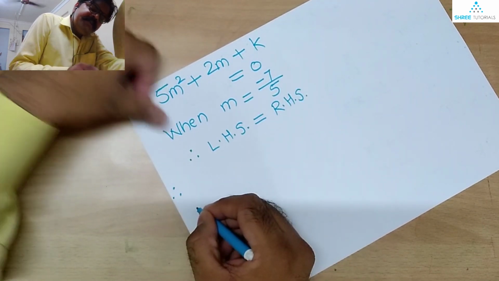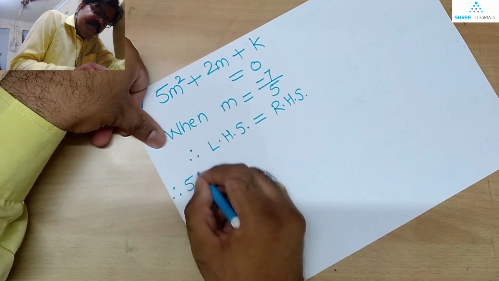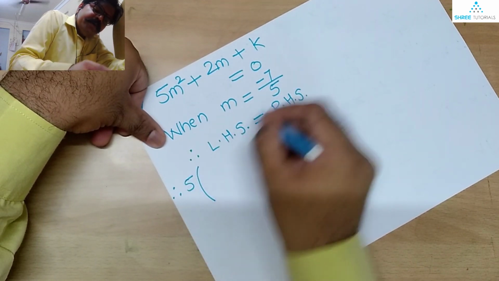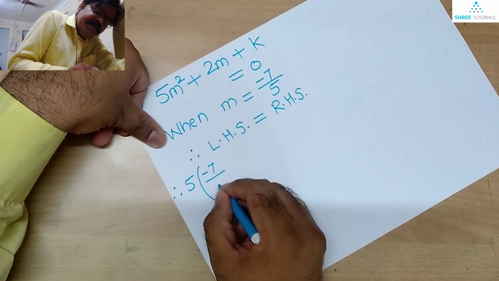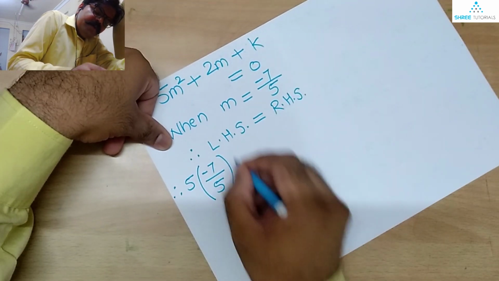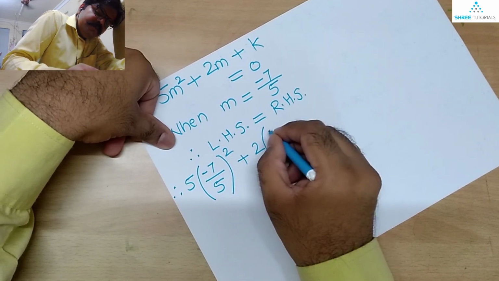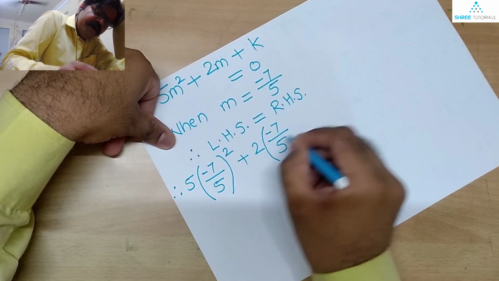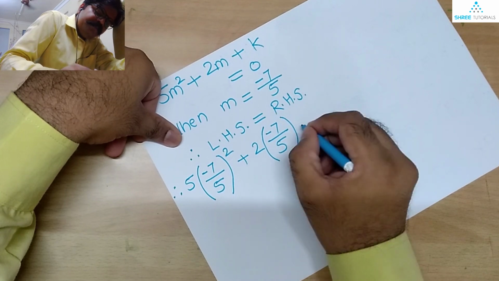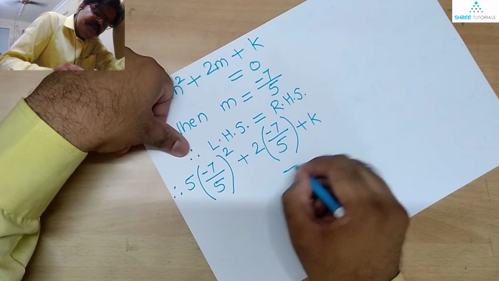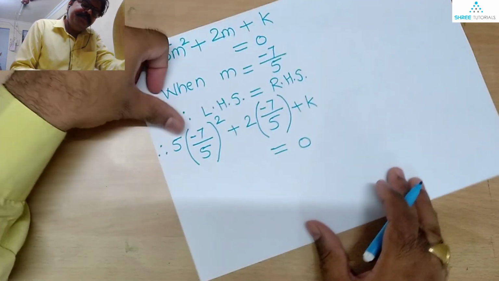What exactly the LHS becomes is 5m square, that means 5 times minus 7 divided by 5 whole square, plus 2 times minus 7 upon 5, plus k should be equal to 0.